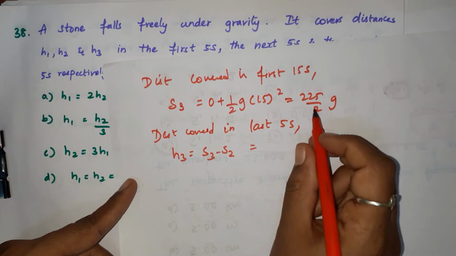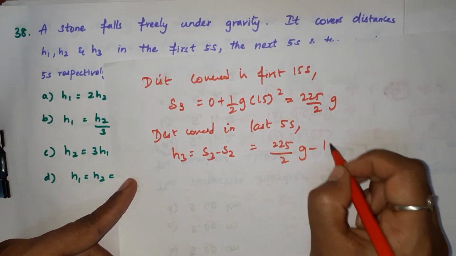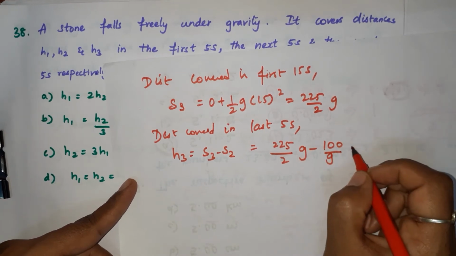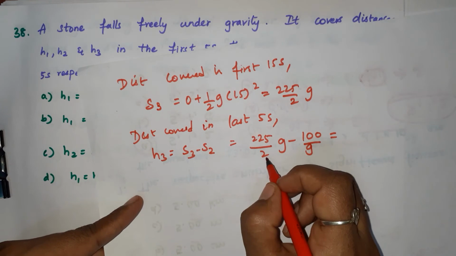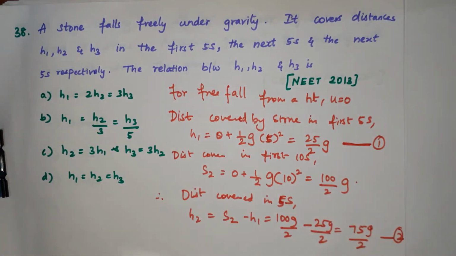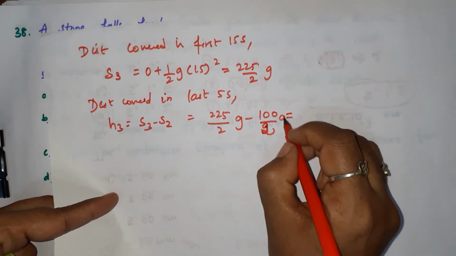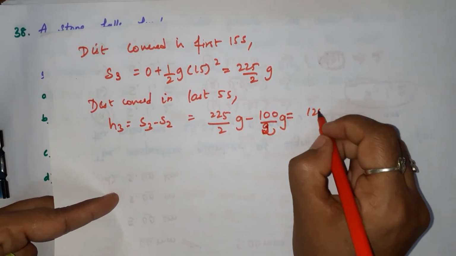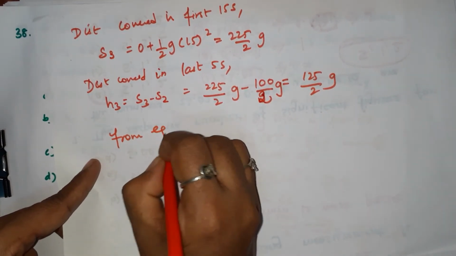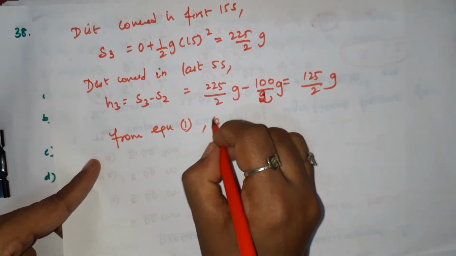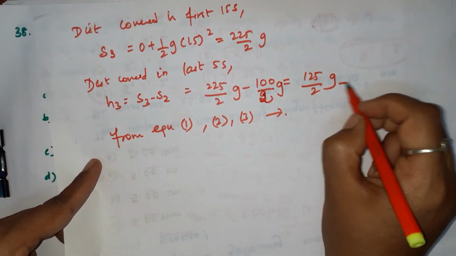So 225 by 2g minus 100 by 2g gives 125 by 2g. This is the third equation.